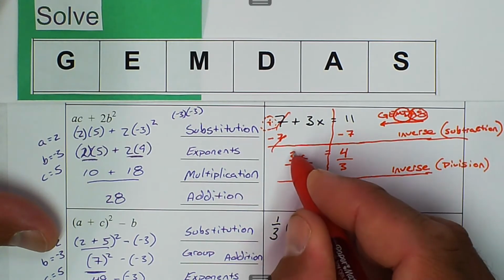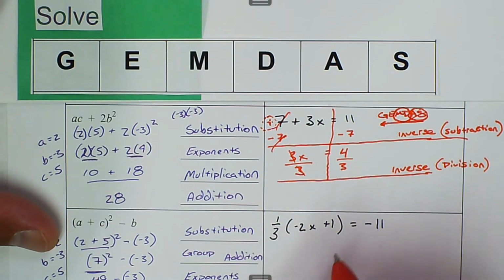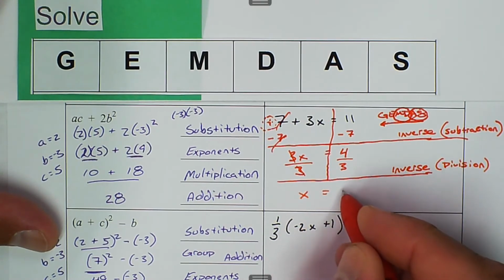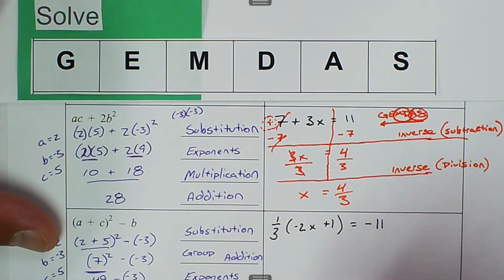And what we're left with is 3 cancels our 3, so that becomes 1x. And then we don't have to use a calculator. If we can't reduce it, we can just leave that as x equals 4/3.